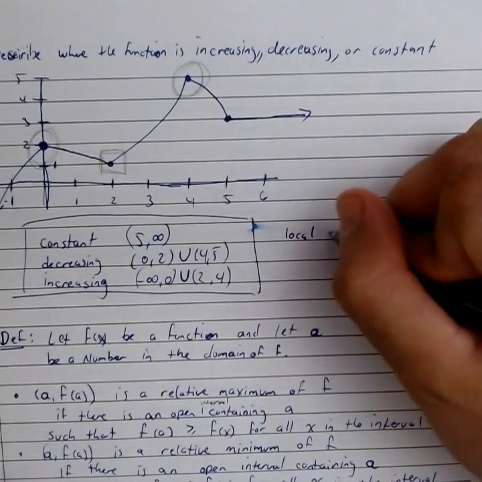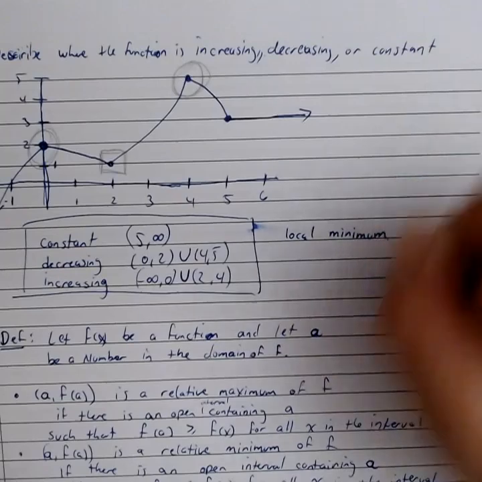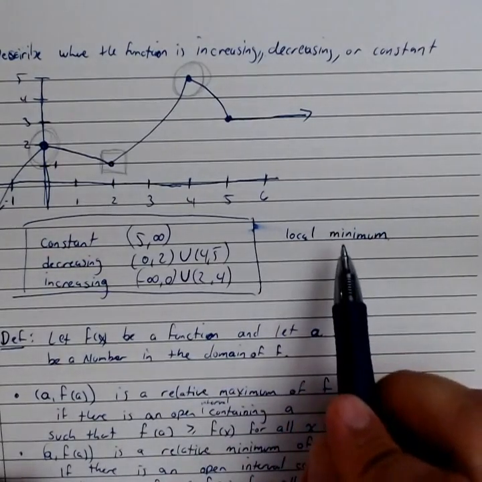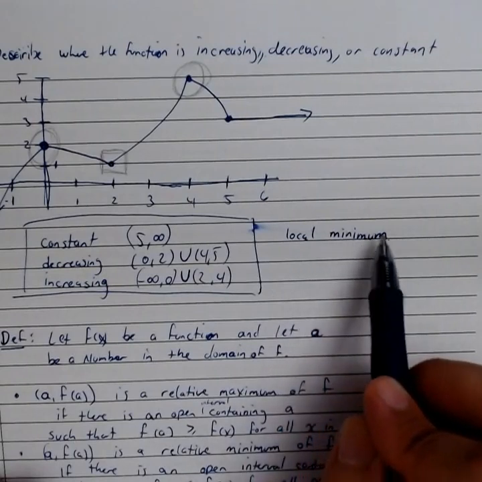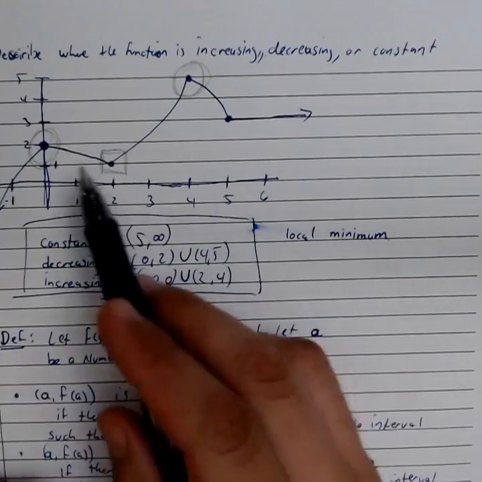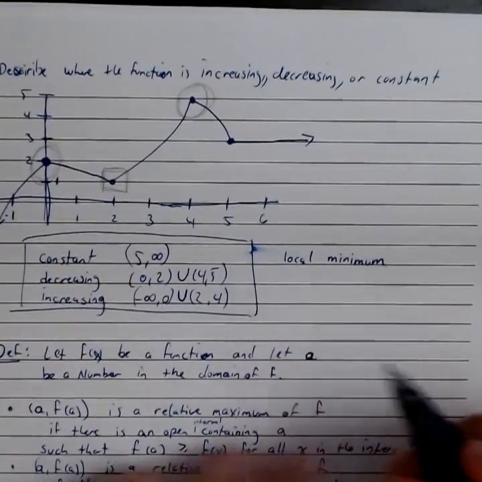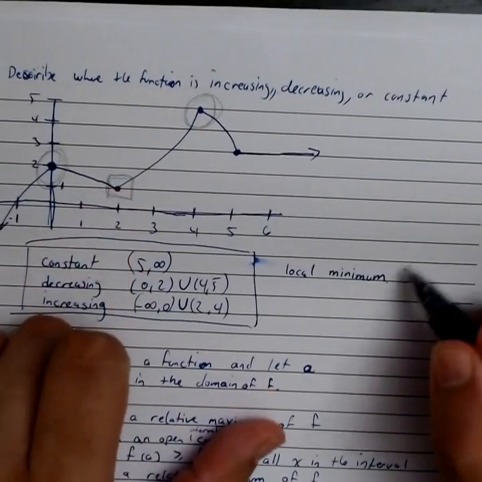If you have more than one, it's local minima, M-I-N-I-M-A. Pluralization of minimum is minima. But here there's only one, so we can say minimum. The local minimum is, and here that's going to be a point, 2, 1.